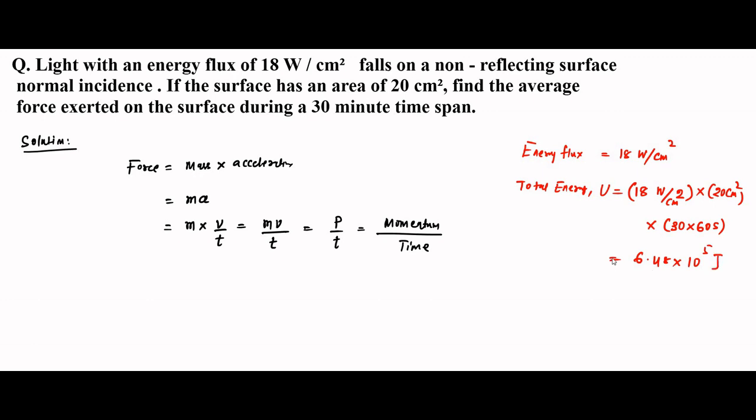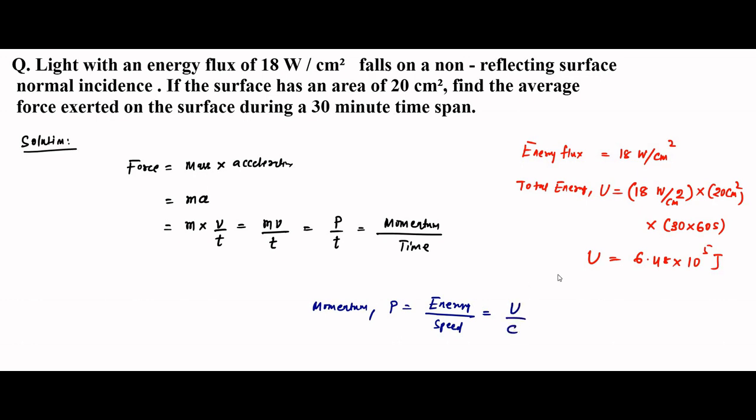So why did I calculate this total energy? Because total energy is related with momentum. If you remember, in the properties of electromagnetic waves, we studied that the momentum of an electromagnetic wave, P, is equal to the energy of the wave divided by its speed, so U by c.